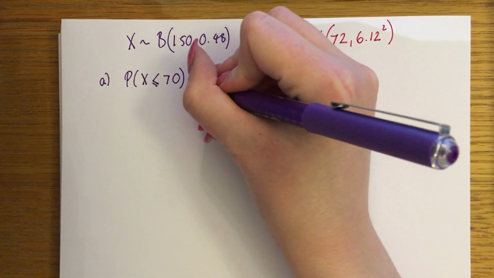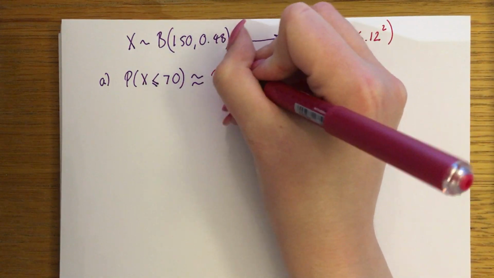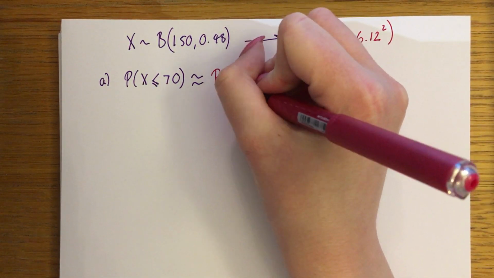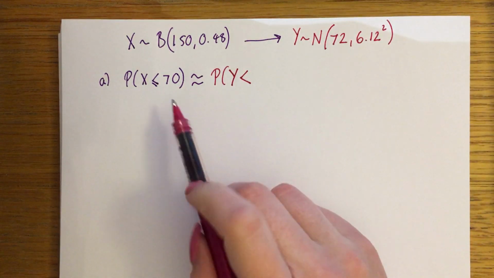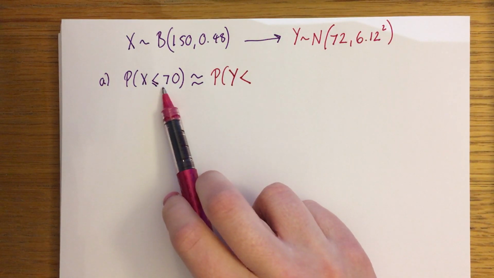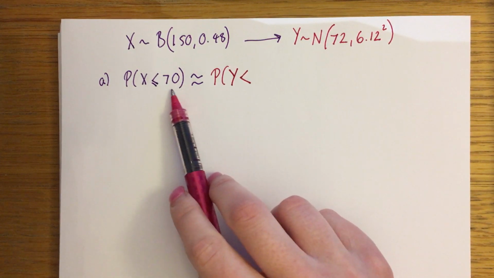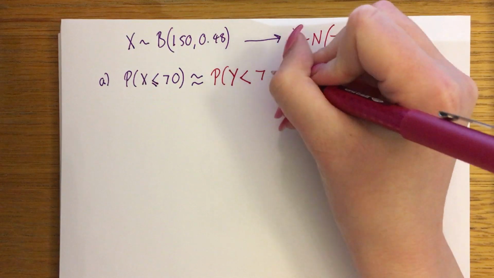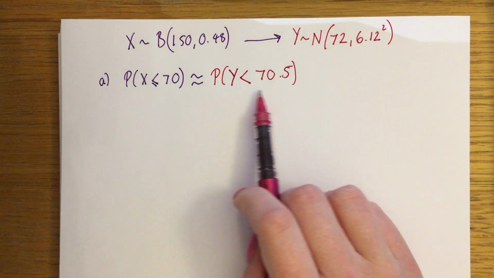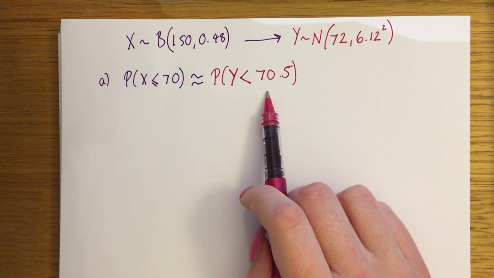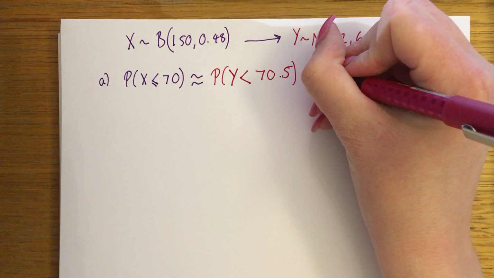So I need to approximate this as a normal distribution. So I need the probability that y is less than, well, I want the probability that x is less than or equal to 70. So I need to include anything that could equal 70. So I want less than the upper bound of 70, because I want it to include anything which could round to 70.